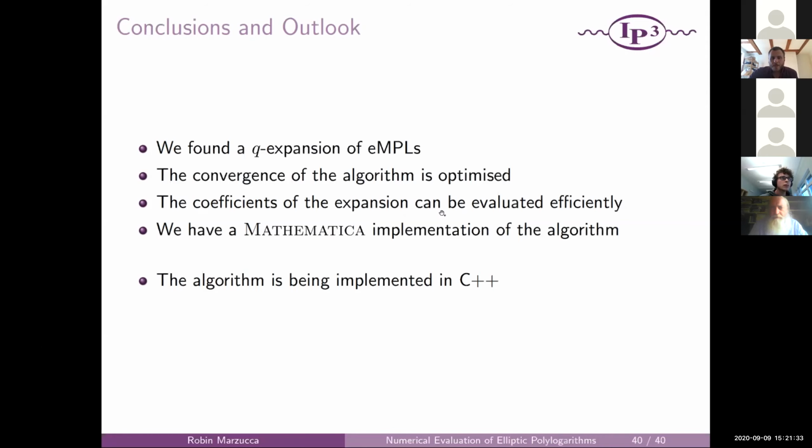We get coefficients which can be cast in terms of multiple polylogs, so we can evaluate these coefficients. So far we have implemented the algorithm in Mathematica, and we have started to implement it also in C++ to make the whole thing even a little faster. And yes, I guess I was a little fast, but this will be it.